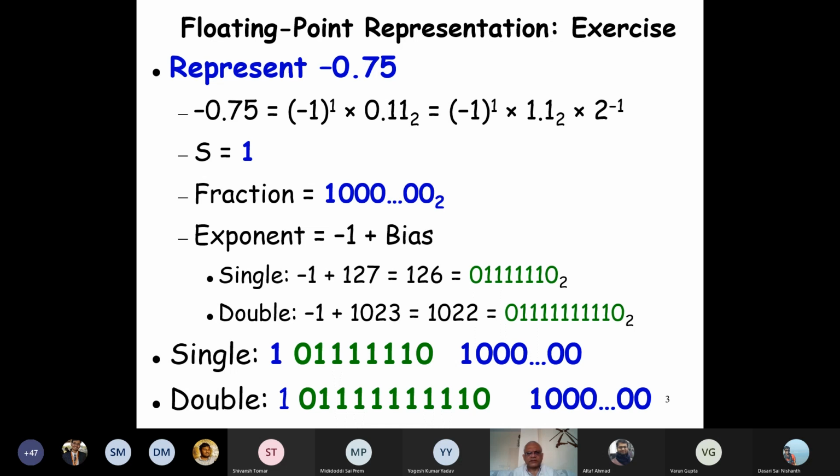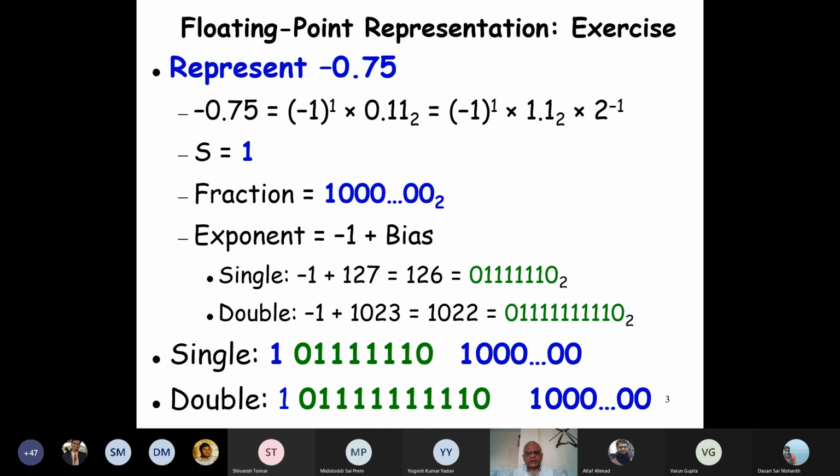Represent minus 0.75 in floating point format. Notice the minus sign here. So that means the sign bit is 1. And then 0.75 is 0.11 in binary. To represent it in 1 point some format, we apply an exponent of -1 here.